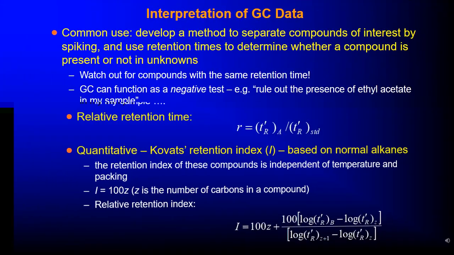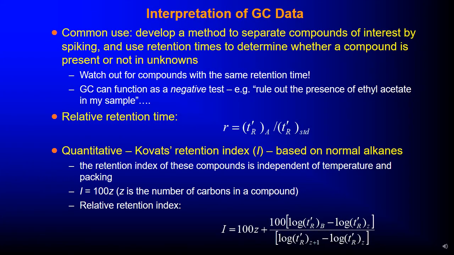Then interpretation of gas chromatography data. Commonly you develop a method to separate compounds of interest by spiking, and use retention times to determine whether a compound is present or not in unknowns. So watch out for compounds with the same retention time, and gas chromatography can function as a negative test, e.g. rule out the presence of ethyl acetate in my sample.